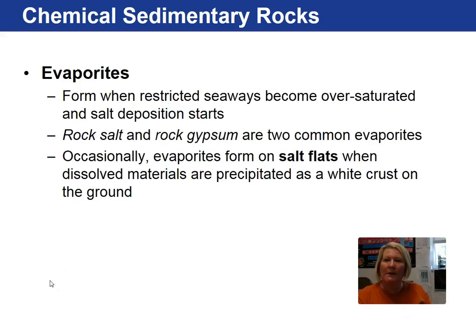Another group of chemical sedimentary rocks are referred to as evaporites. They form when an ocean evaporates and concentrates ions such as sodium and chlorine, which subsequently precipitate out as rock salt. Another example of an evaporite is gypsum.